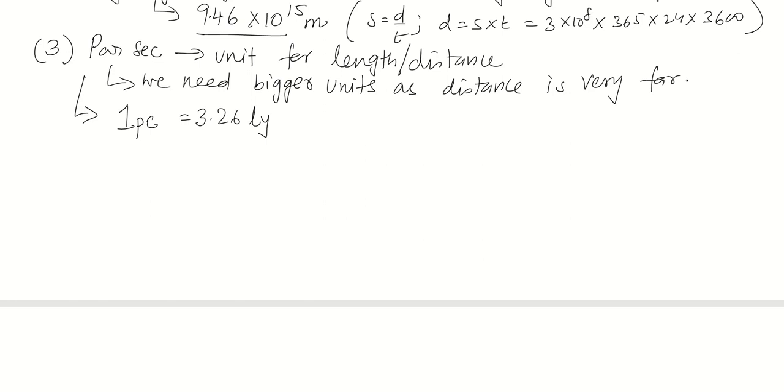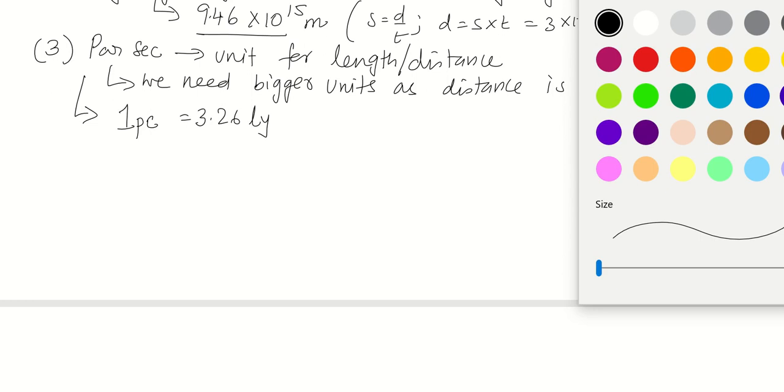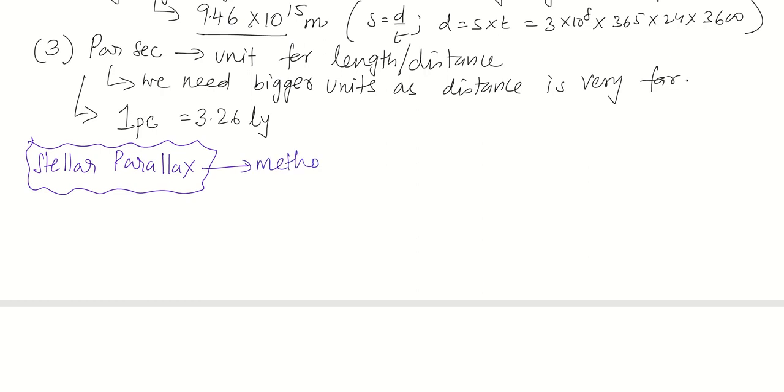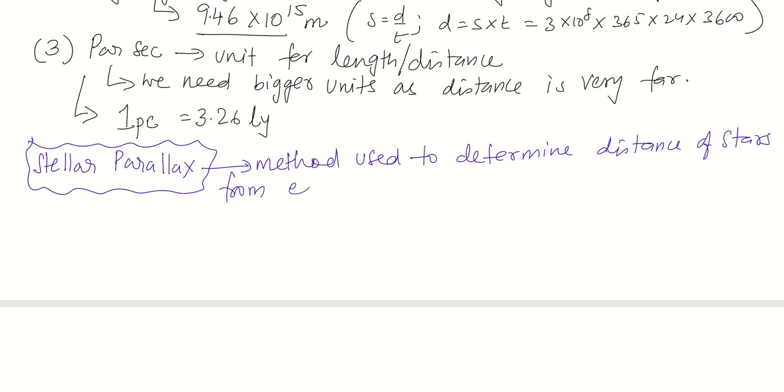Now we are going to have a look at a new concept that is called stellar parallax. So what is stellar parallax now? It's a method used to determine distance of stars from Earth.